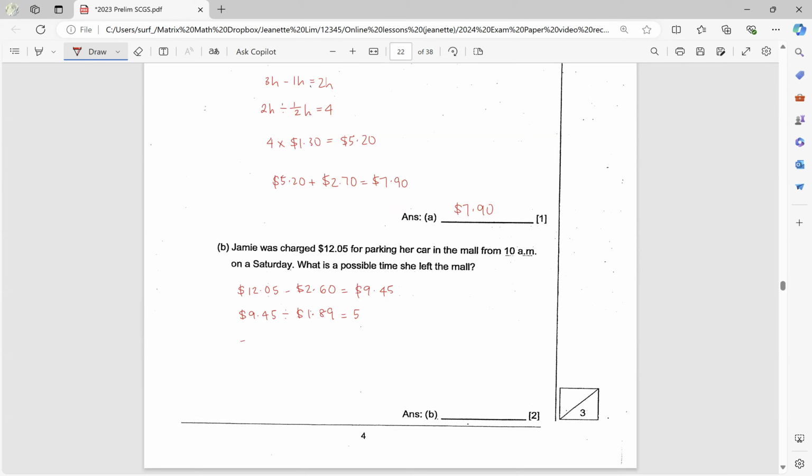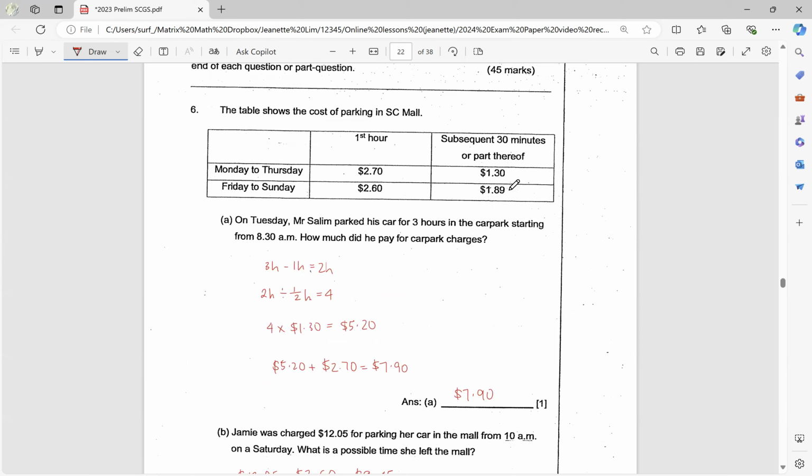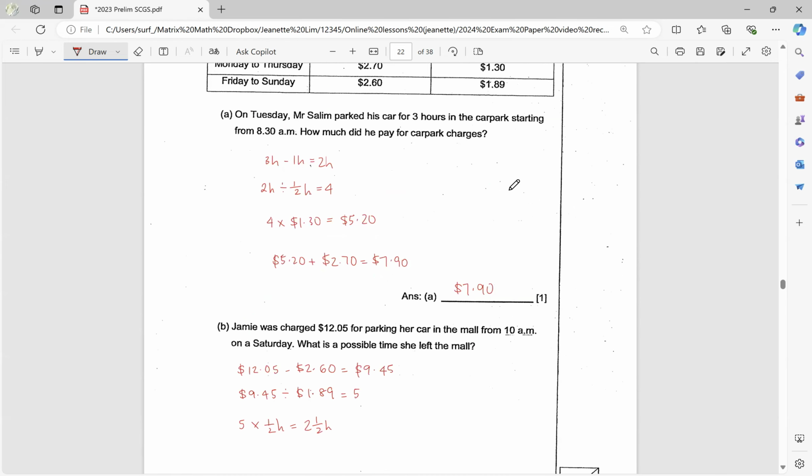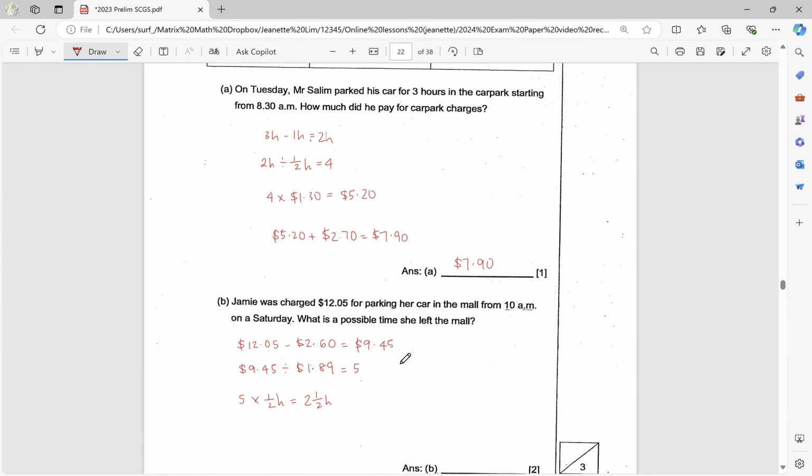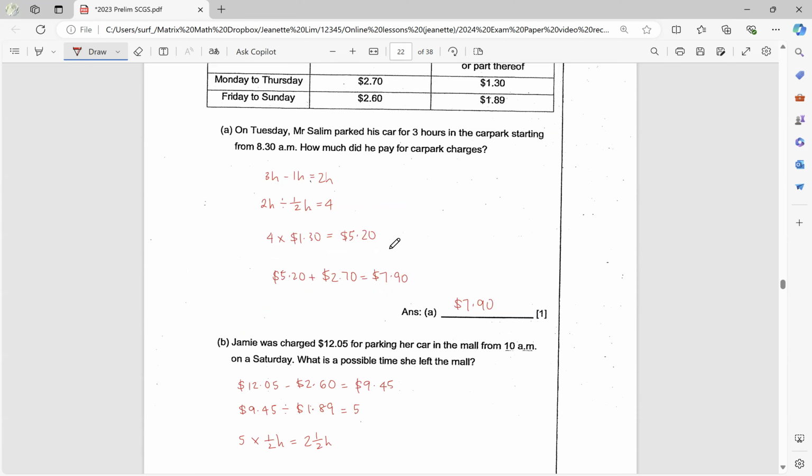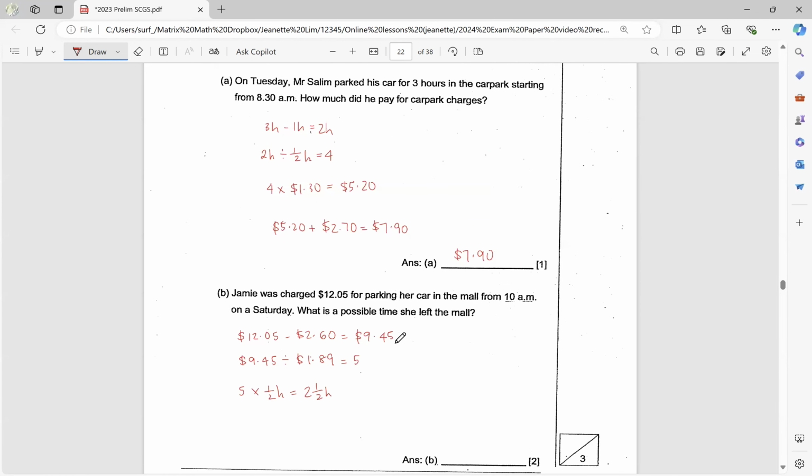5 times of the 30 minutes is 5 times half an hour. So for the 189, it's a total of 2.5 hours, then plus the 1 hour that we are supposed to add, right?